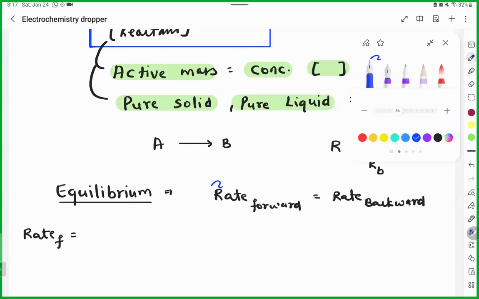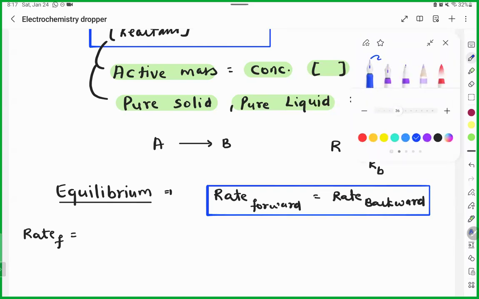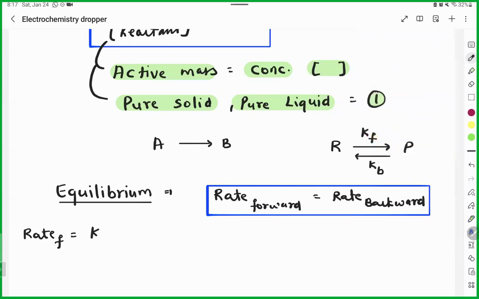What do you do in chemical kinetics? The concentration. Exactly. So it will be Kf. K is the rate constant, F for forward reaction, and your reactant value is R. Correct?